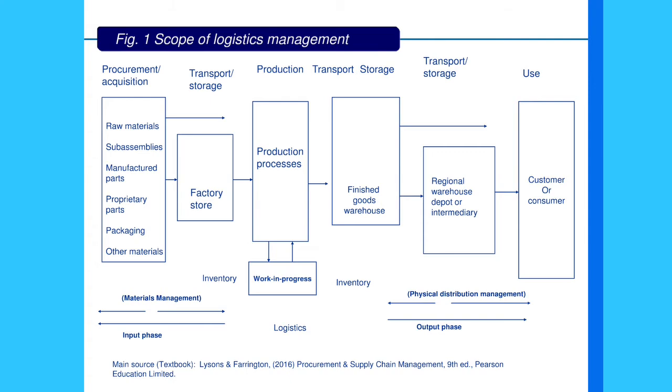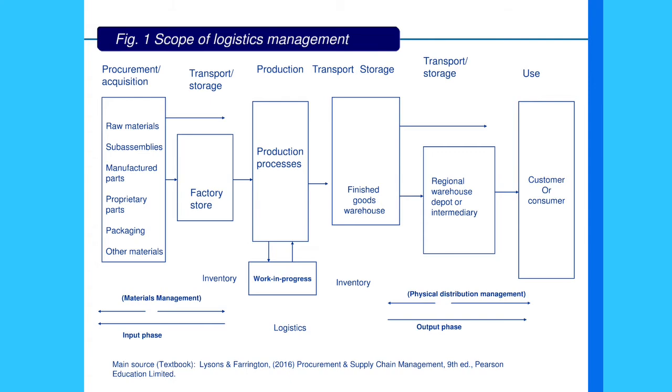These things may be raw materials, sub-assemblies, manufactured parts, proprietary parts, packaging, and other materials. The second block pertains to transport and storage, where you move this material which has been procured to the factory store. And the third block talks about operations or production processes, where actual manufacturing work is undertaken.